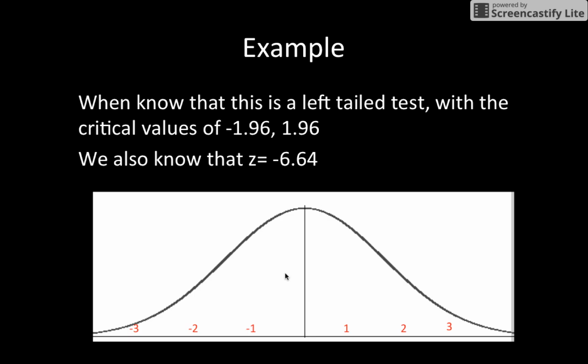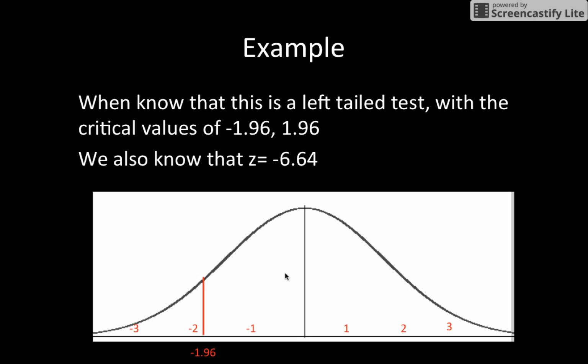So what we already know is that it's a two-tailed test with critical values of negative 1.96 and 1.96, and we also know that z is negative 6.64. So here I have a blank curve, and we're going to go through how to set this up.